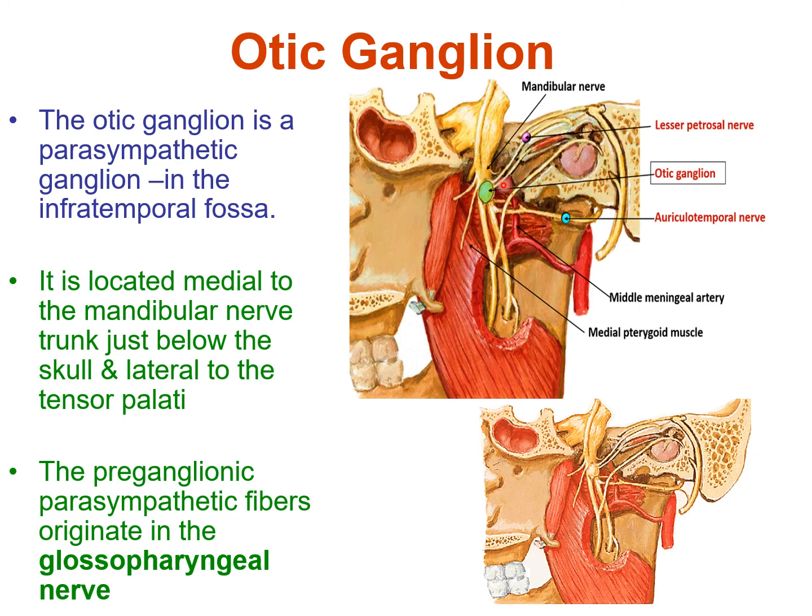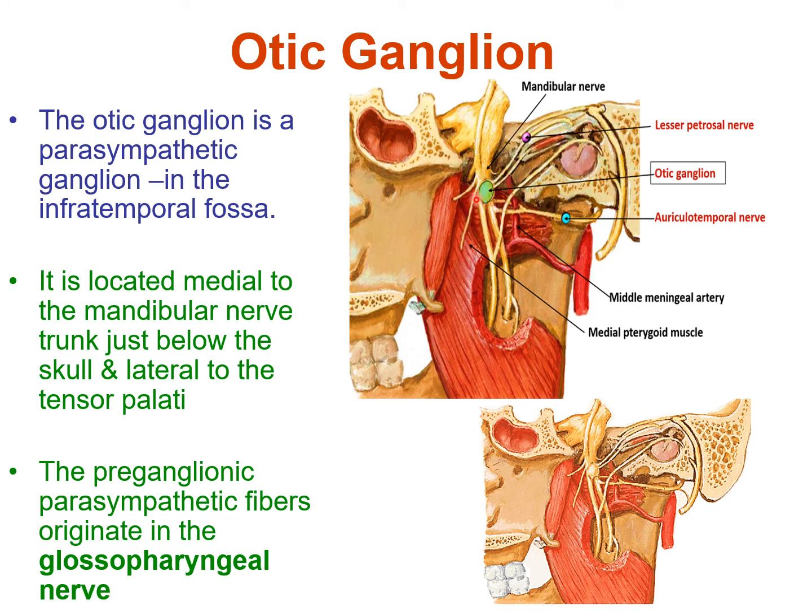The otic ganglion is a parasympathetic ganglion which is located, this is the trunk of the mandibular nerve, medial to the mandibular nerve trunk and lateral to the tensor palatini. It is adherent to the nerve of the medial pterygoid muscle.